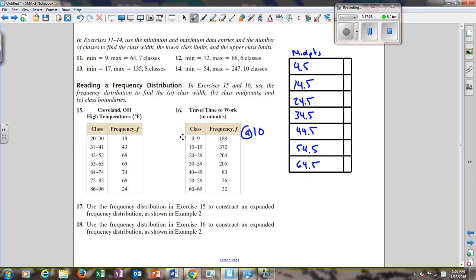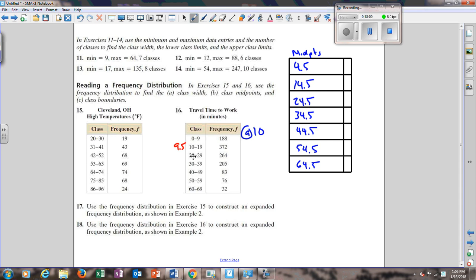Class boundaries. You can't really have a negative, so you would just have 0 as your starting point. Or you could say negative 0.5. You can't go negative time to work. So class boundary for this one's a little rougher. Doesn't really matter on the bottom end. You're really looking for what's in between the classes.